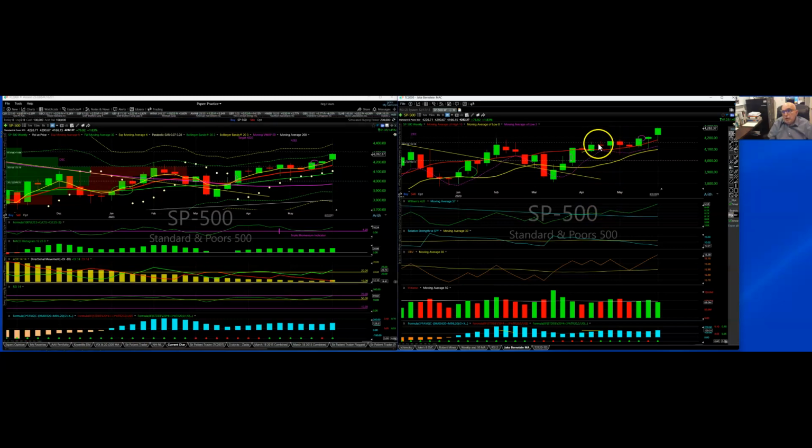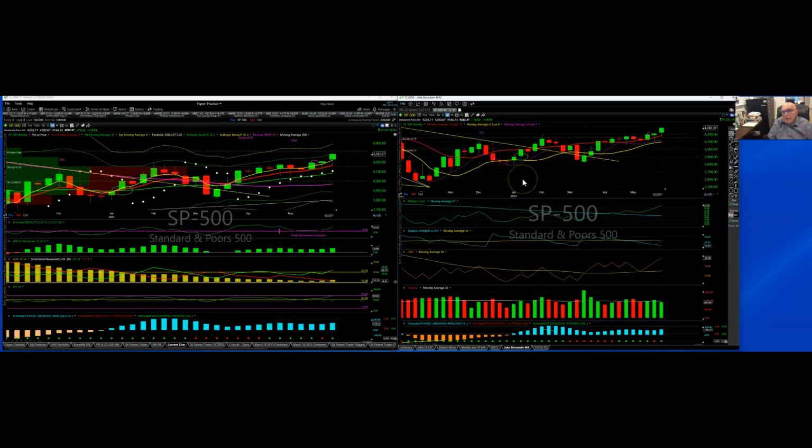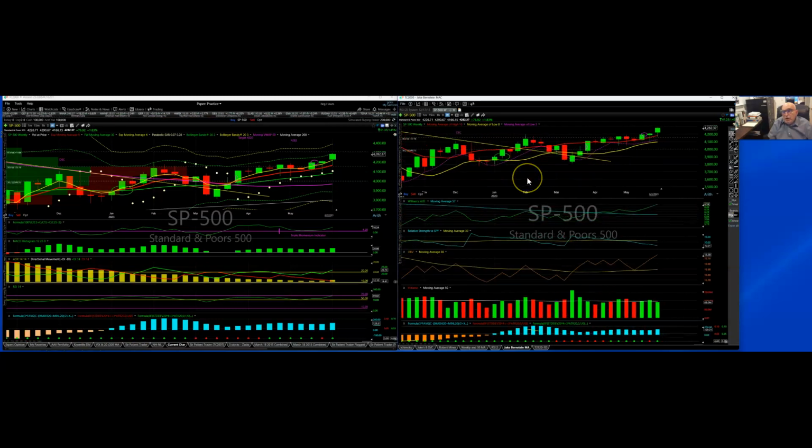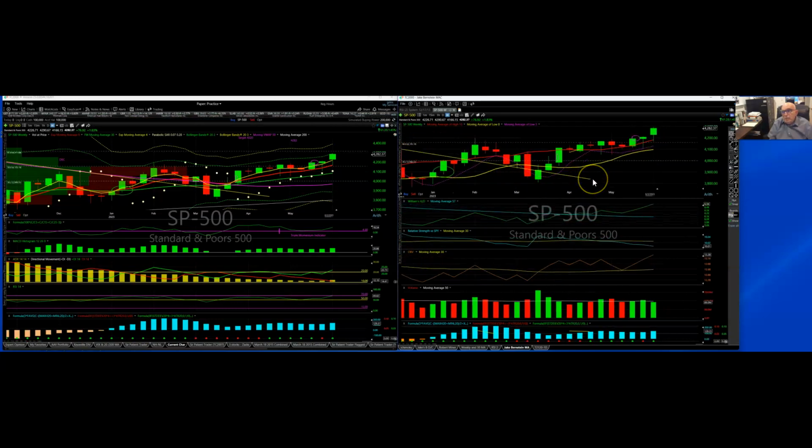Okay, now we didn't get 2 complete bars here, but if we go back in time, now wait a minute, this is a weekly, I'm sorry, we didn't get 2 weekly bars yet above the moving average of the highs, 2 complete bars, in order to give us a buy signal on the weekly chart. We did get it on the daily chart. We'll take a look at that next.